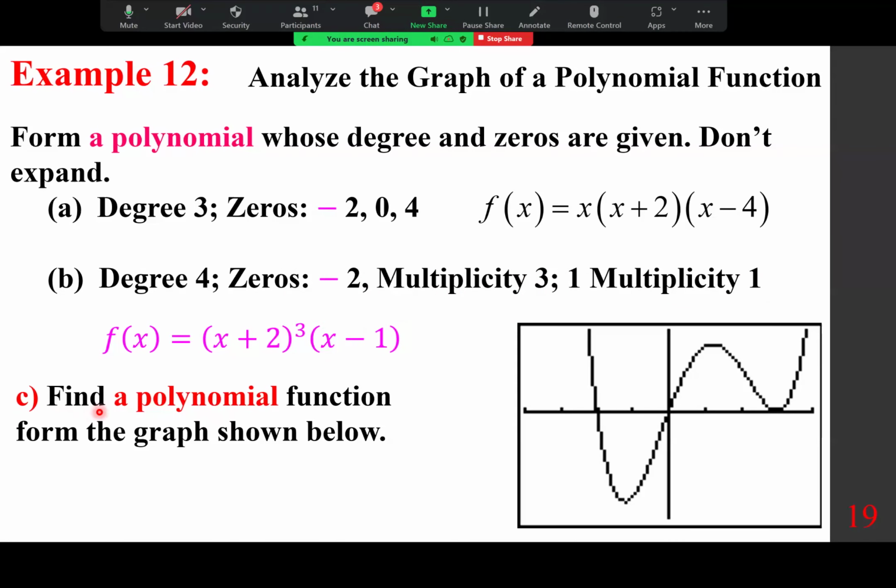What about the graph? Find a polynomial function from the graph shown. Well, we have 1, 2, 3 x-intercepts. This is one of them.